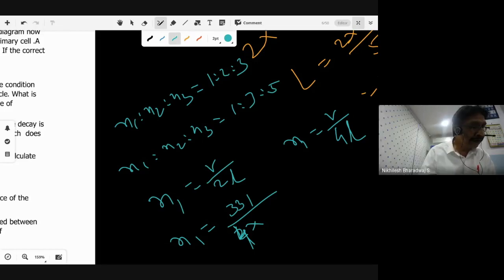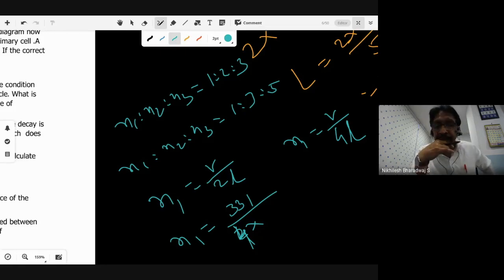No, he has asked the derivation for open pipe, but the problem he has given closed organ pipe. So it is V by 4L. They have asked to derive the equation for the frequencies of harmonics produced in open pipe, but the attached problem is closed pipe. A closed organ pipe 70 centimeter long is sounded. If the velocity of sound is, so when it is a closed pipe, what is the formula? V by 4L.